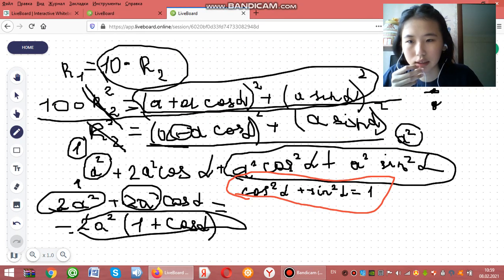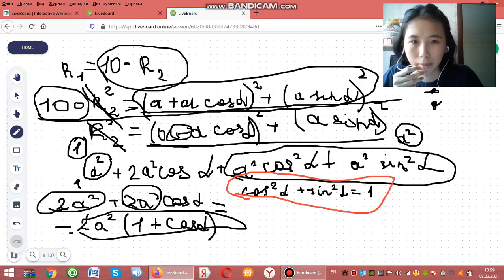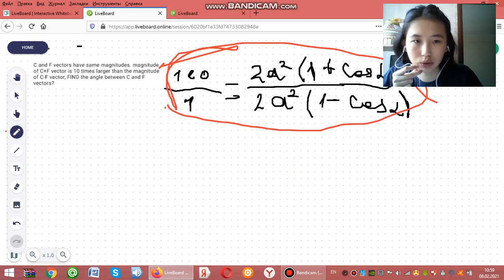Here I said that we leave 100, and for this equation 2a square in brackets 1 plus cosinus alpha.